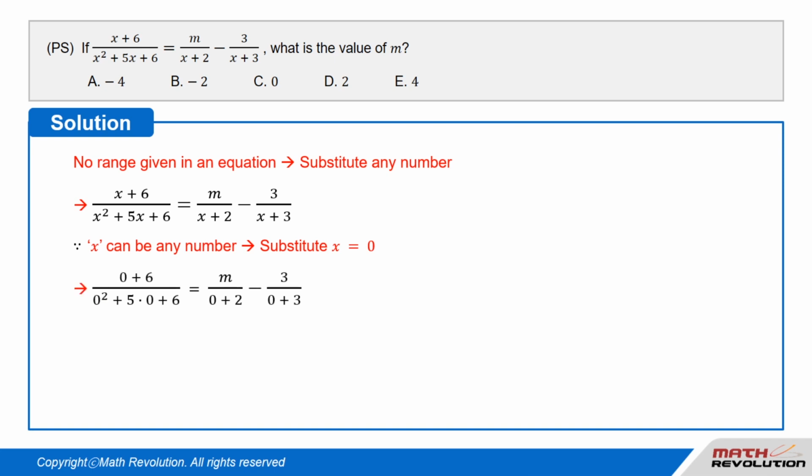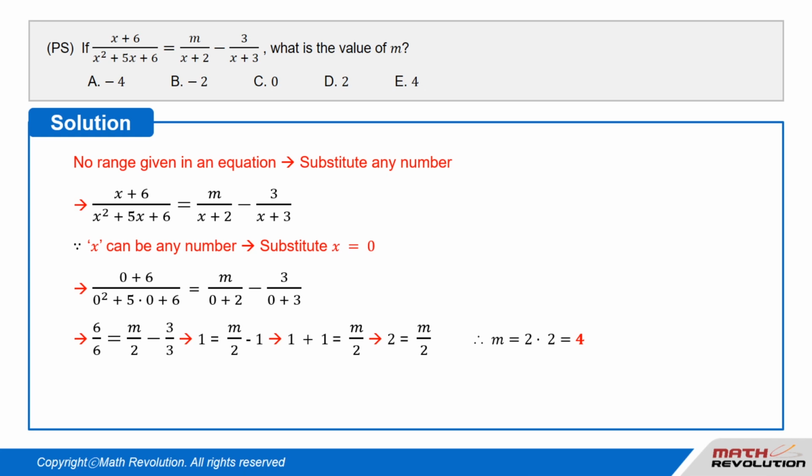We get (0 plus 6) over (0 squared plus 5 times 0 plus 6) equals m over (0 plus 2) minus 3 over (0 plus 3), which simplifies to 6 over 6 equals m over 2 minus 3 over 3, or 1 equals m over 2 minus 1.